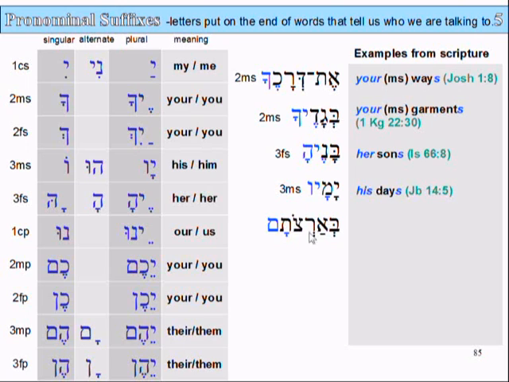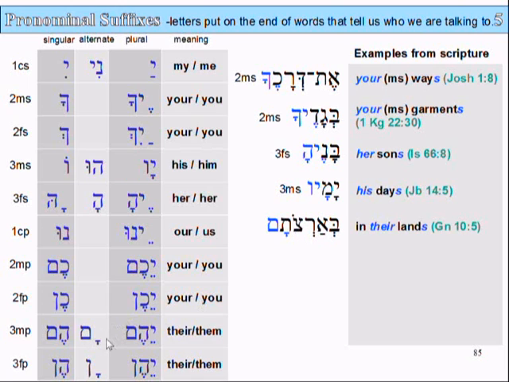The word for land is a feminine noun, and the hey from eretz becomes artsatam. So it's their lands. So this is the feminine plural.